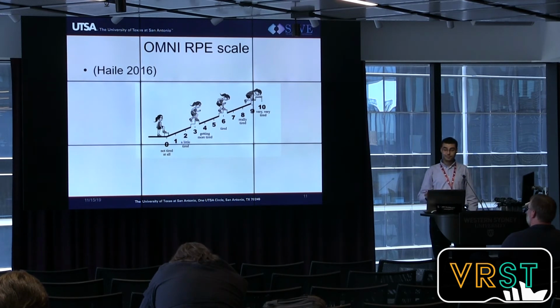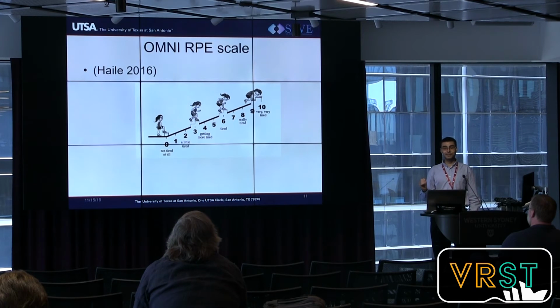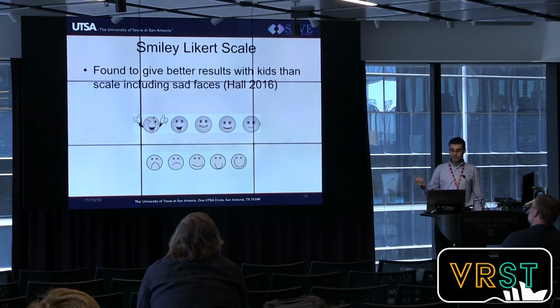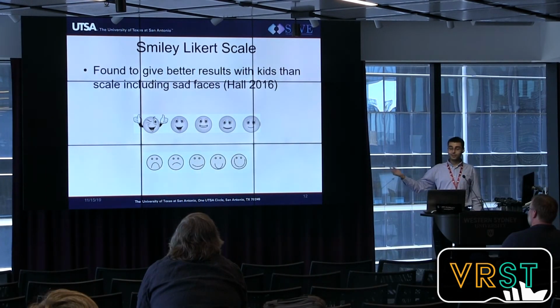When giving scales to children, just straight numbers isn't very good. It's been found that more graphic scales are better. And when you have a Likert scale, if instead of saying disagree to agree, kids rarely ever are negative.